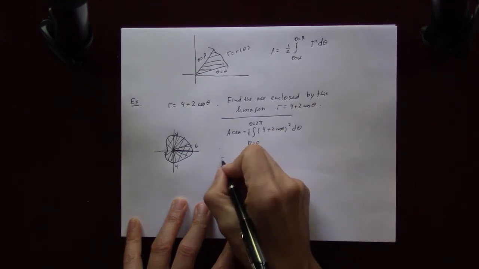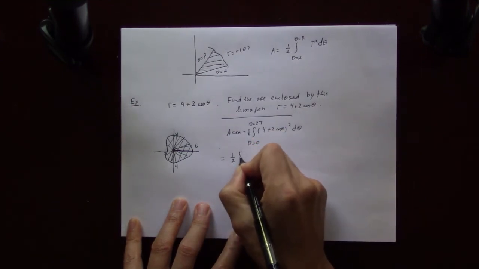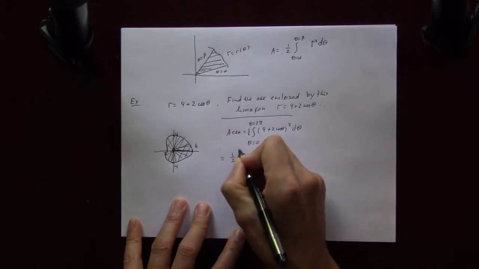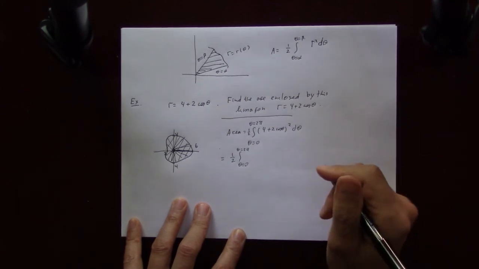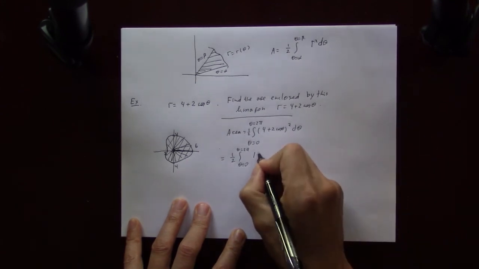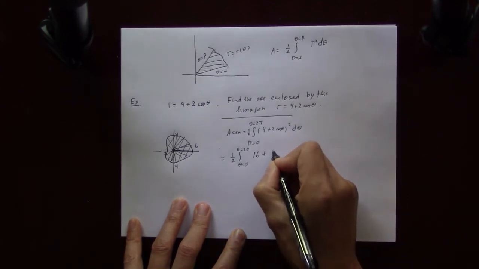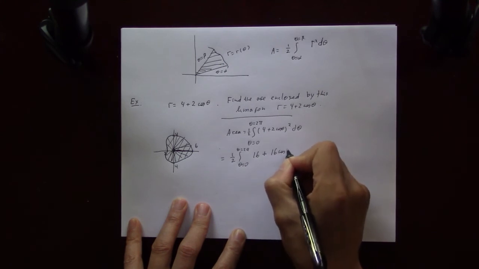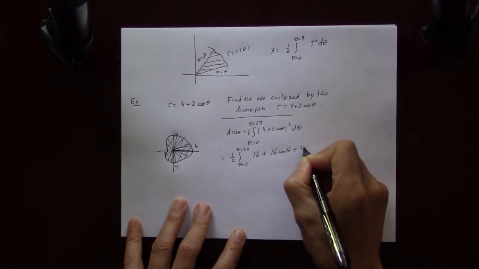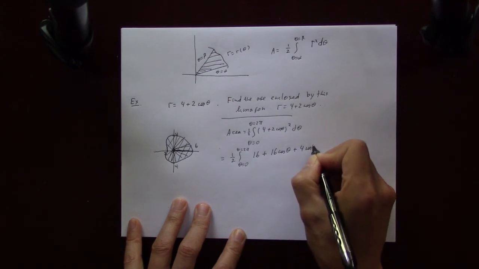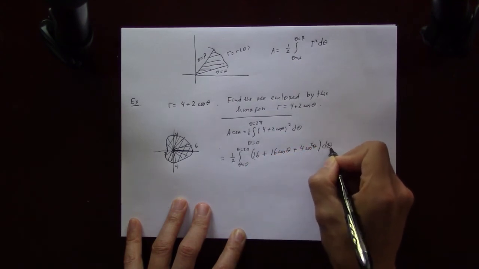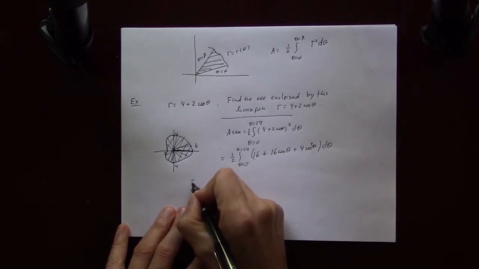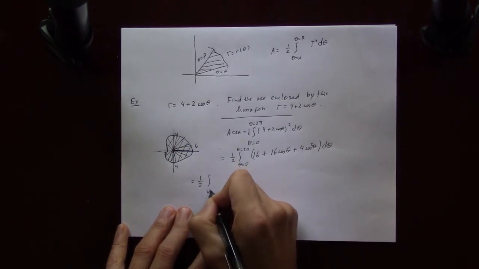Now we'll do a little bit of algebra to evaluate this integral. FOIL or use the square of a sum formula. So 16 plus 16 cosine theta plus 4 cosine squared theta d theta. So we're going to get 1/2 integral from 0 to 2 pi.